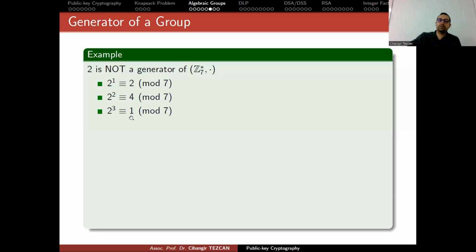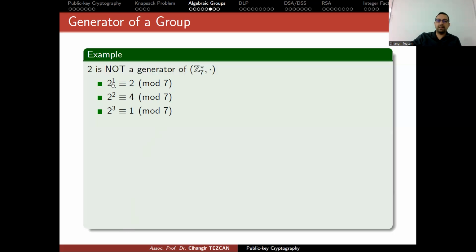If I continue further, I would be actually repeating these values, right? Because 2 to the power 4 would mean 2 times 1, which is 2. Then I will end up with 4, 1, 2. So if I keep multiplying 2 with itself, this will be 2, 4, 1, 2, 4, 1, 2, 4, 1.